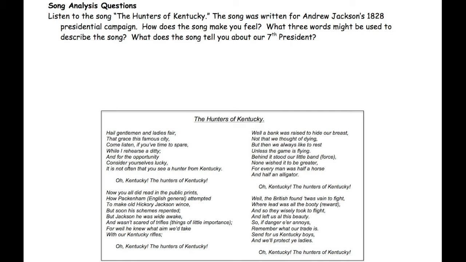Here, gentlemen and ladies fair that grace this famous city, come listen if you've time to spare while I rehearse this ditty. And for the opportunity, consider yourself lucky. It is not often that you see a hunter from Kentucky. Oh, Kentucky, the hunters of Kentucky. Now you all did read in the public prints how Pakenham attempted to make our Hickory Jackson wince, but soon his scheme repented. Jackson, he was wide awake and he wasn't scared at trifles. Oh well, he knew what aim we'd take with our Kentucky rifles. Oh, Kentucky, the hunters of Kentucky.